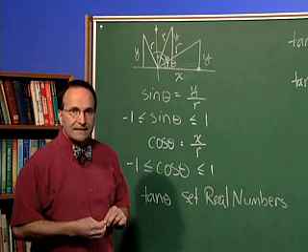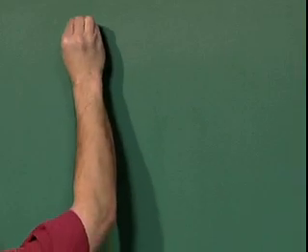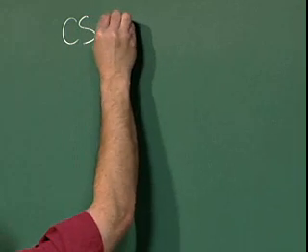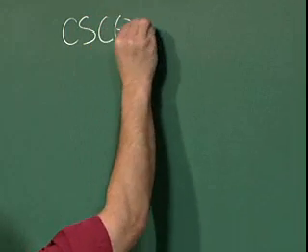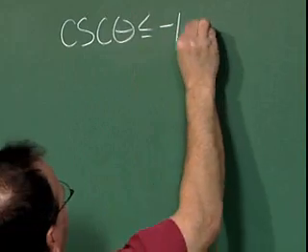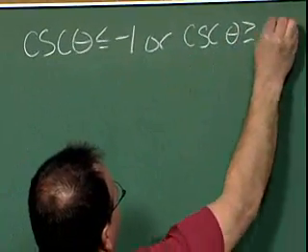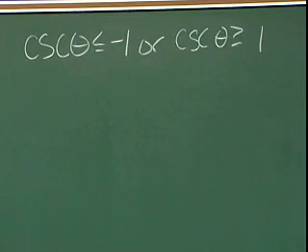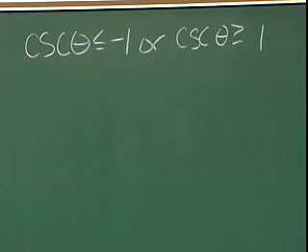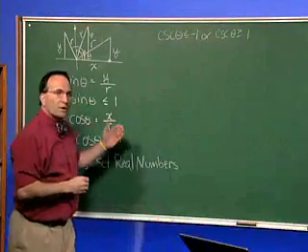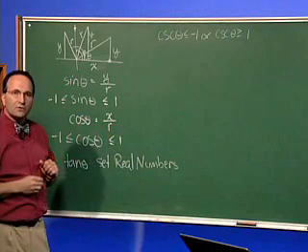Let me write that down. So cosecant theta is less than or equal to -1 or greater than or equal to +1. Now, by the same reasoning, let's look at secant theta, which is the reciprocal of cosine.